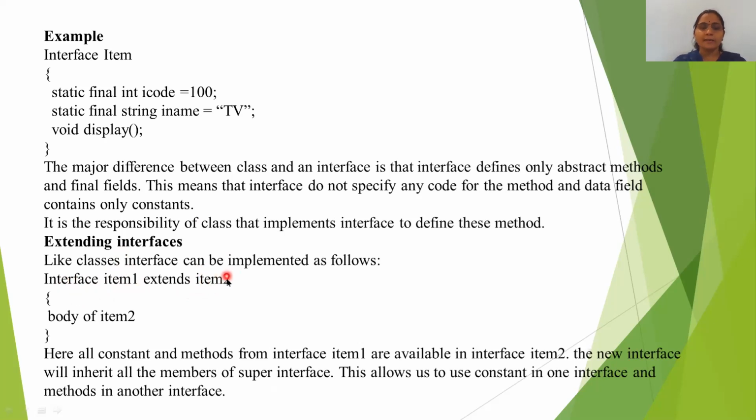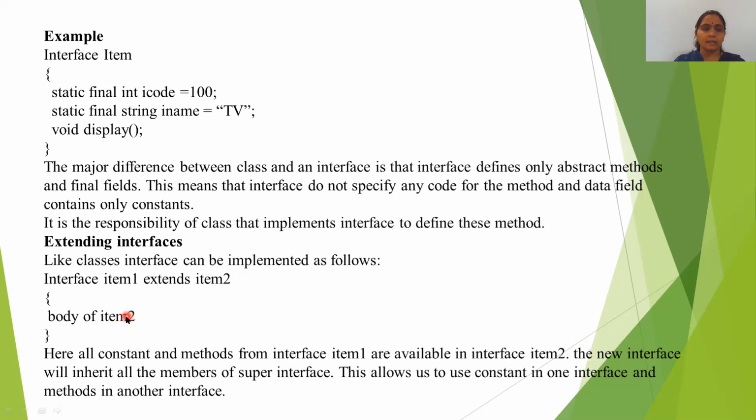It means you already have an old interface and you are going to inherit that old interface into the new interface. The first interface is the new interface and the second interface is the old interface that is already available to you. This is the body of item 1.